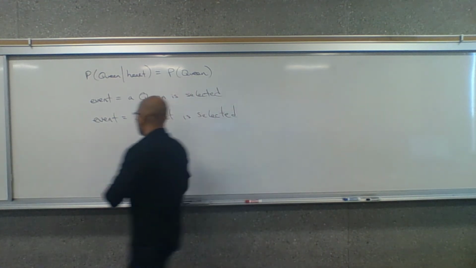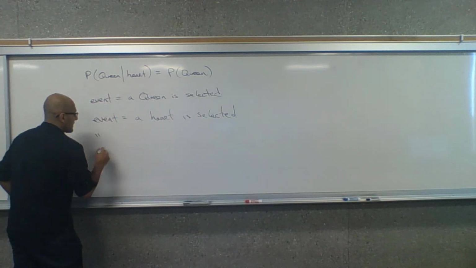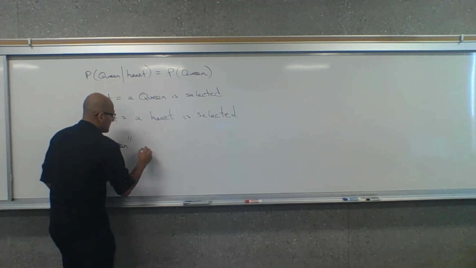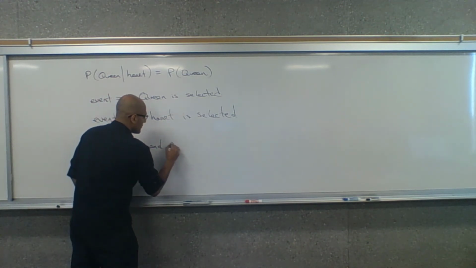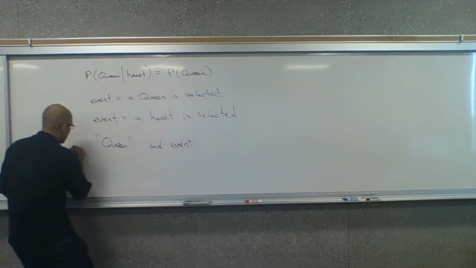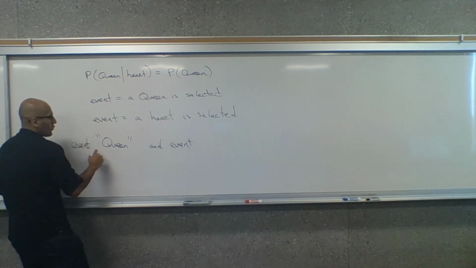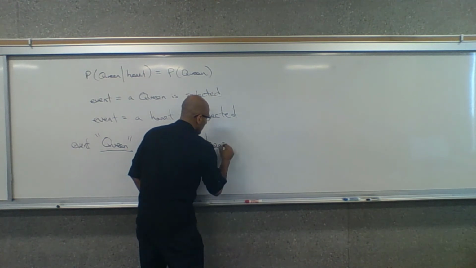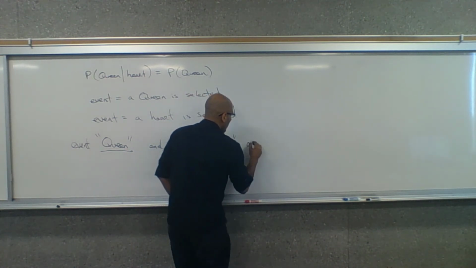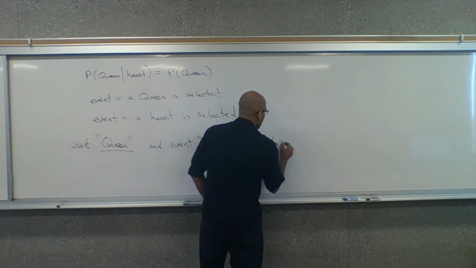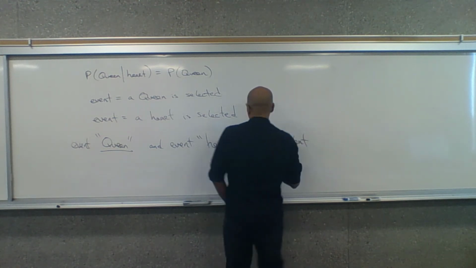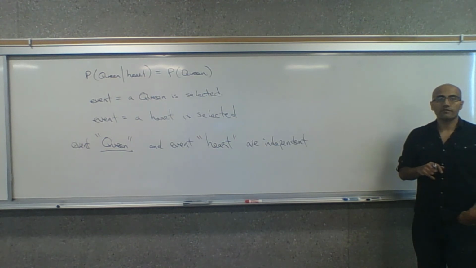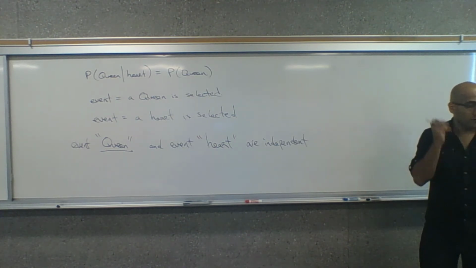So we can conclude that event queen was selected and event queen and event heart are independent. Sort of, kind of, maybe, no?